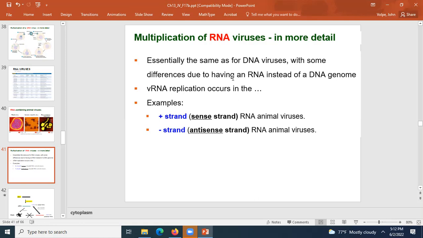Viral replication generally occurs in the cytoplasm. So that's a rule of thumb. If it's an RNA virus, then it generally replicates in the cytoplasm. There is one exception to this rule of thumb: the retroviruses are RNA viruses, but they replicate in the nucleus. And we'll talk a little bit more about retroviruses.